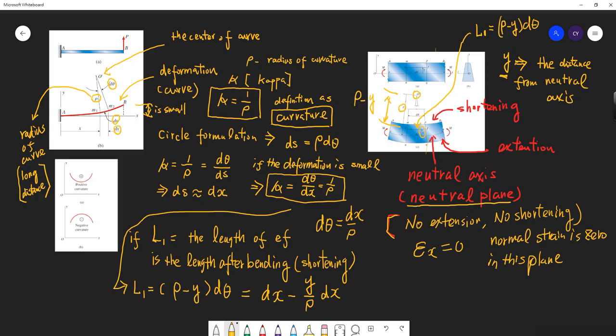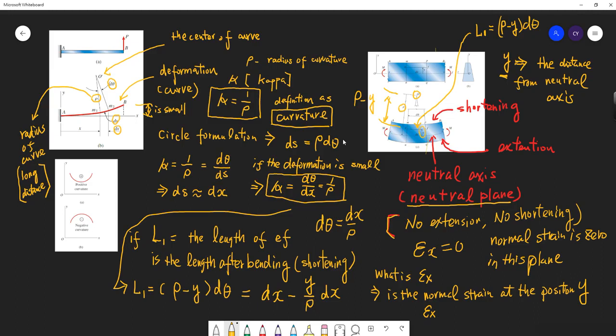Okay. Now, what is epsilon x? Epsilon x is the normal strain at the position y. Epsilon x is a deformation, a strain.